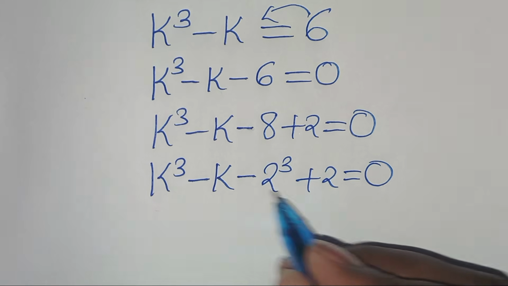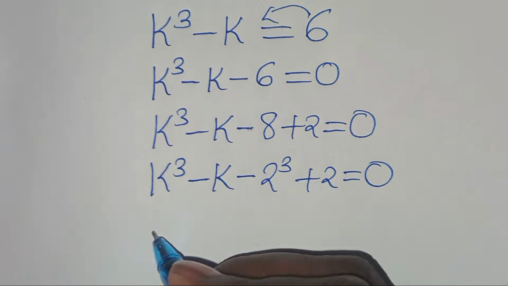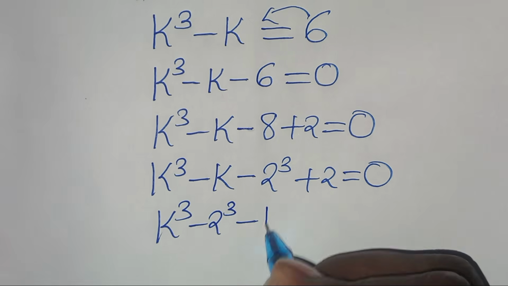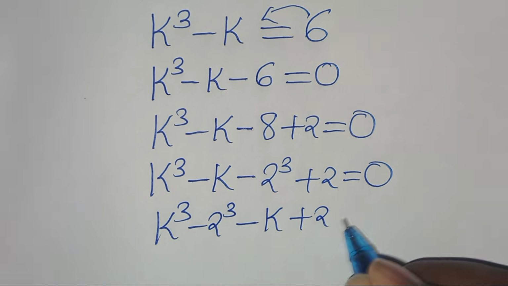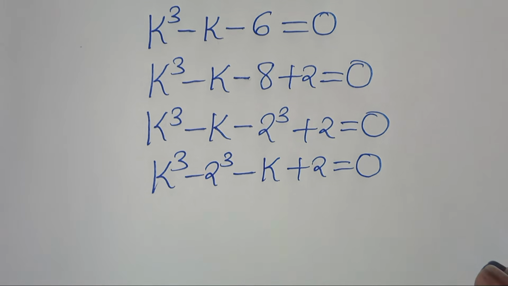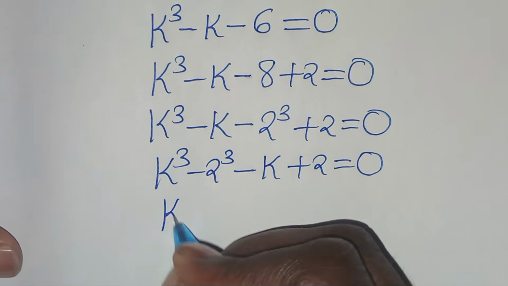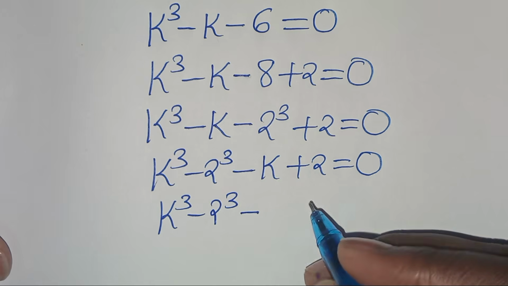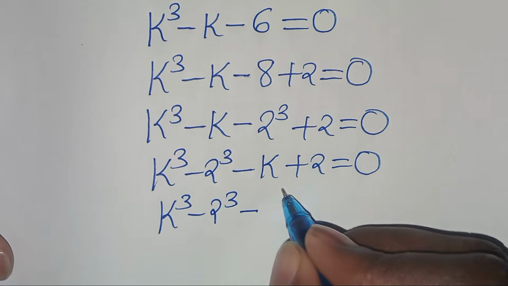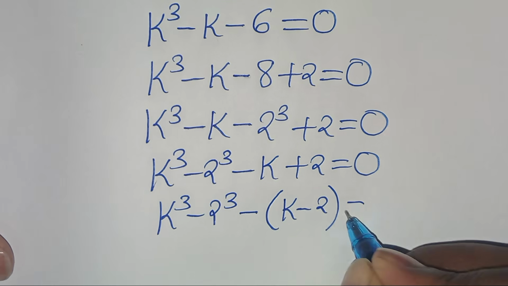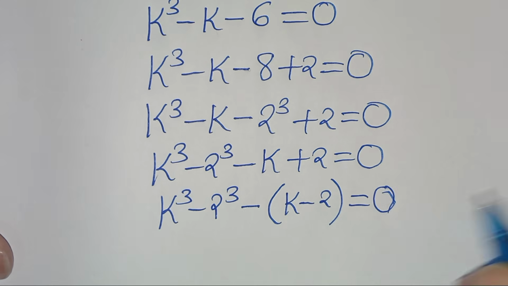Now we have k to the power of 3 and 2 to the power of 3 here, so this is k to the power of 3 minus 2 to the power of 3, then minus k plus 2, equal to 0. The next step is that we have k to the power of 3 minus 2 to the power of 3, subtract. Now we can express minus k plus 2 as minus, open parenthesis, k subtract 2, close the parenthesis, this is equal to 0.